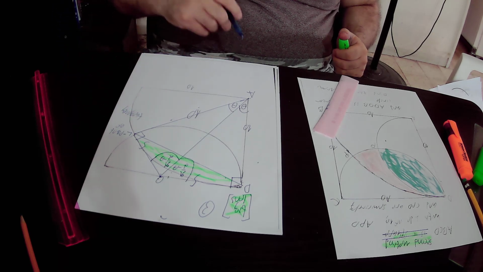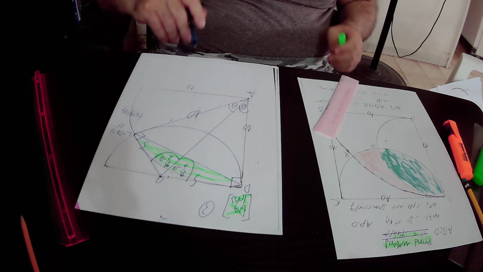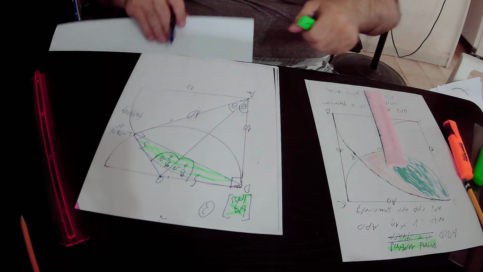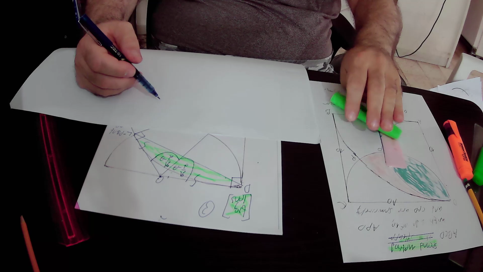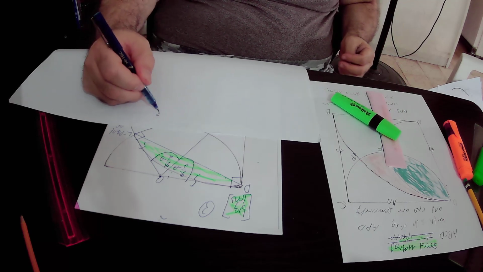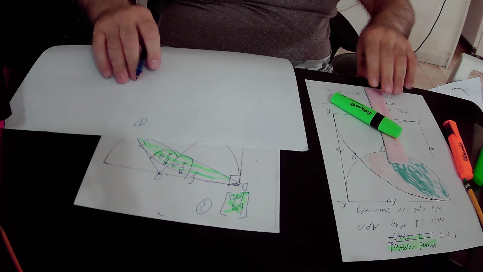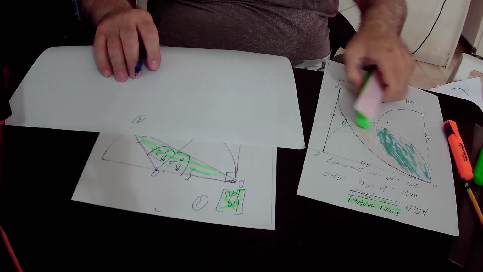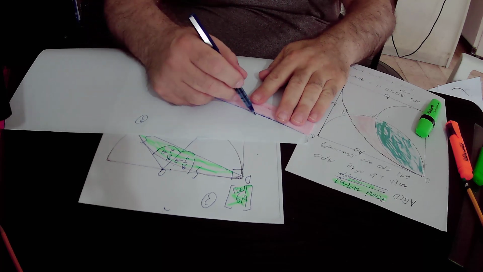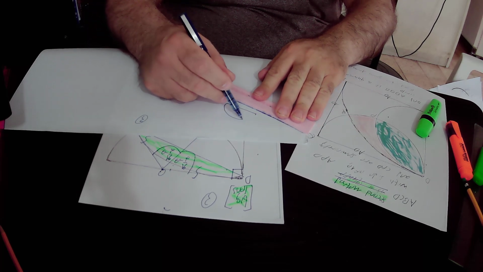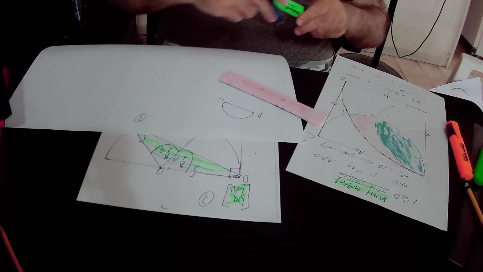So here, what is the area of the upper circular segment DL?